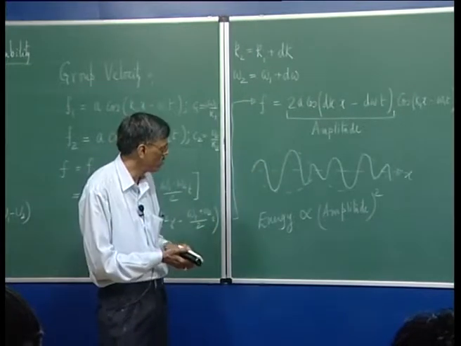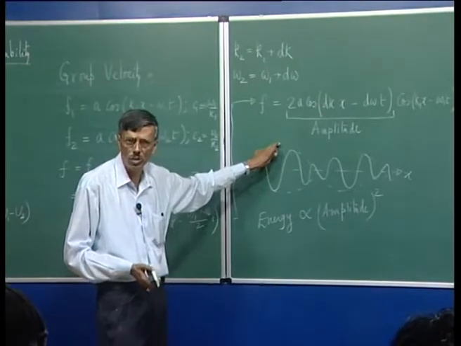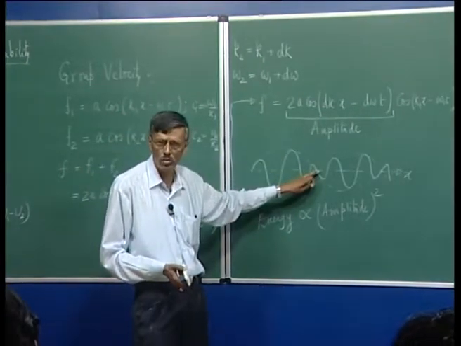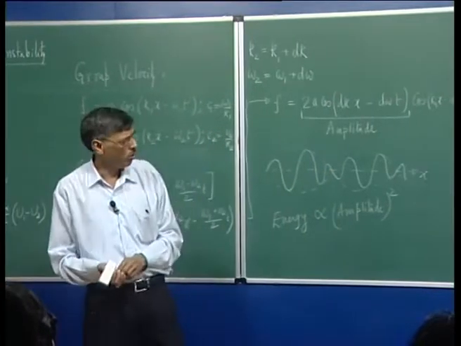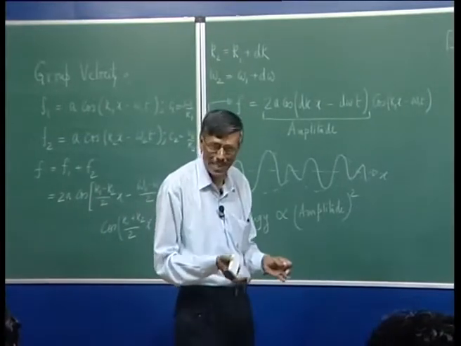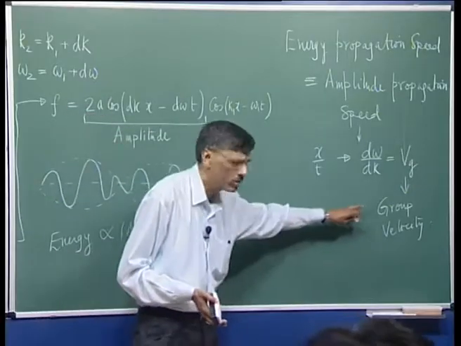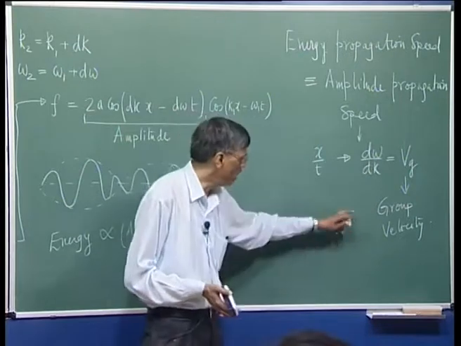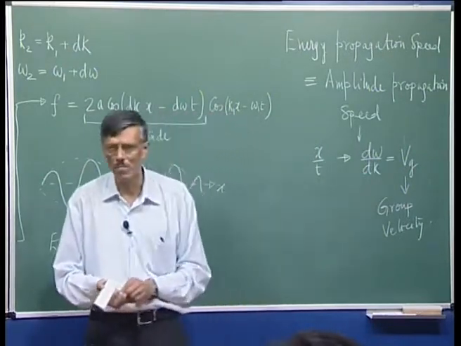Those places where it doubles up are called the antinodes, and where it is 0 are called the nodes. And those groups of waves, or wave packets, propagate with group velocity. So, the group velocity is given by d omega dk.